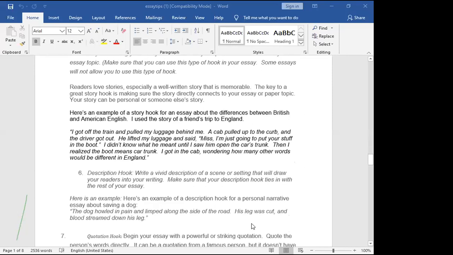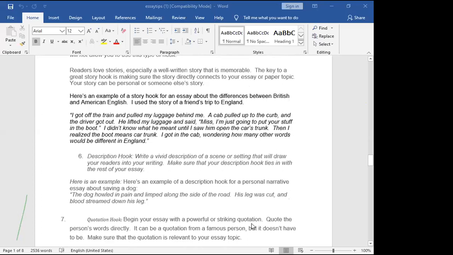Here is an example of a description hook for a personal narrative essay about saving a dog. The dog howled in pain and limped along the side of the road. His leg was cut and blood streamed down his leg. It must be something which is going to attract the reader. What exactly happened to this particular dog?